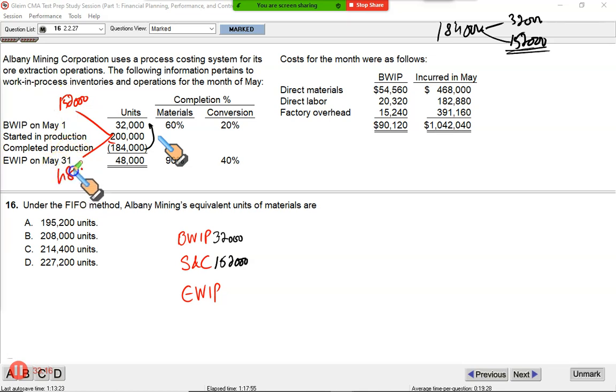Yes, perfect match, 48,000. So ending work in process is 48,000, which is still not complete. My maths is perfectly balanced: 32,000 in the beginning work in process, 152,000 units started and completed 100%, and the remaining 48,000 are ending work in process, which are not complete.